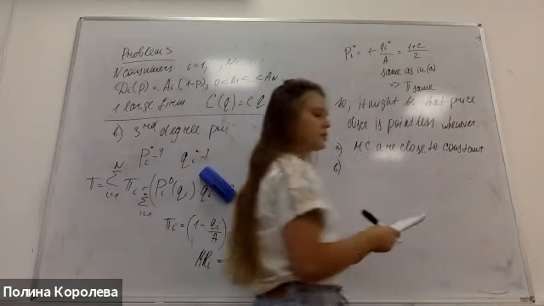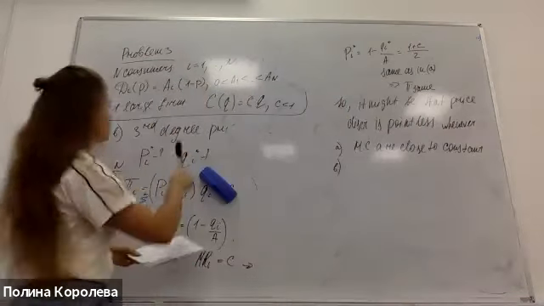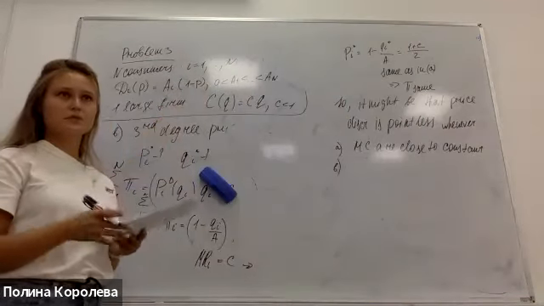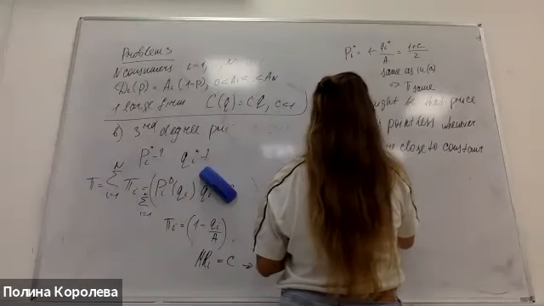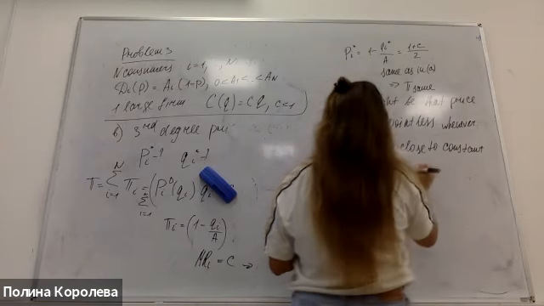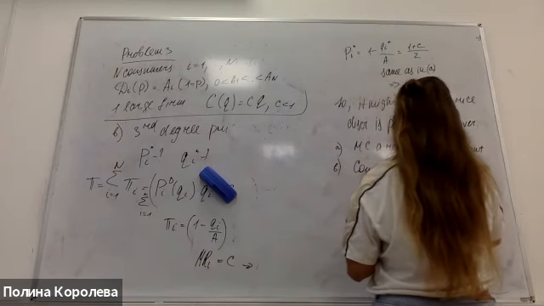B. Consumers are sufficiently similar. You see that we definitely have similar consumers, yes?